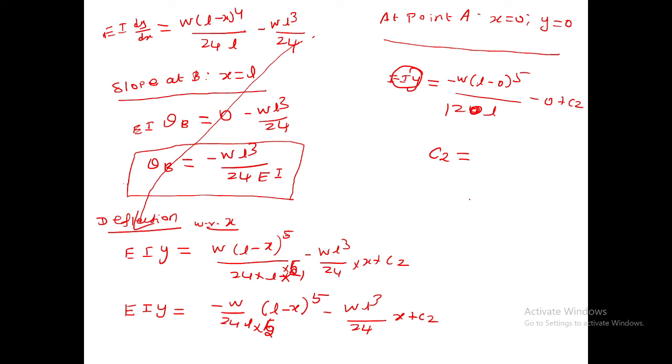So C2 equals WL power 4 divided by 120. This is the value of constant 2.